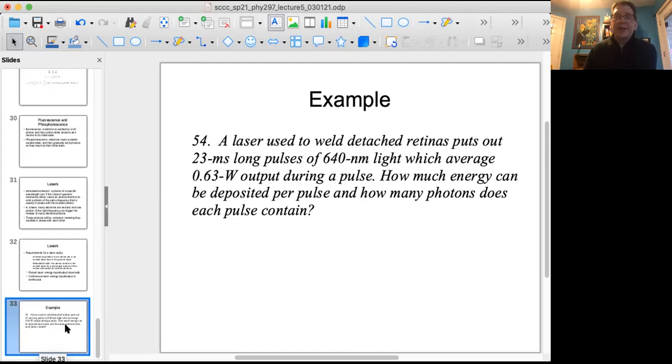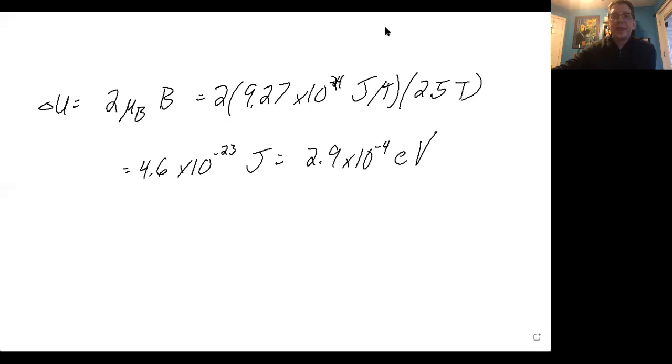So you're asked for joules per pulse. You're given 0.63 watts, and a watt is a joule per second.